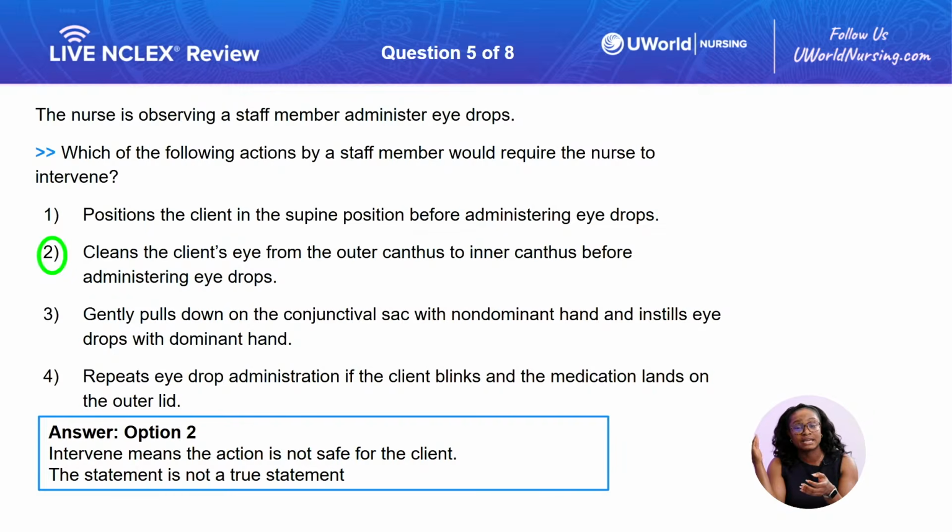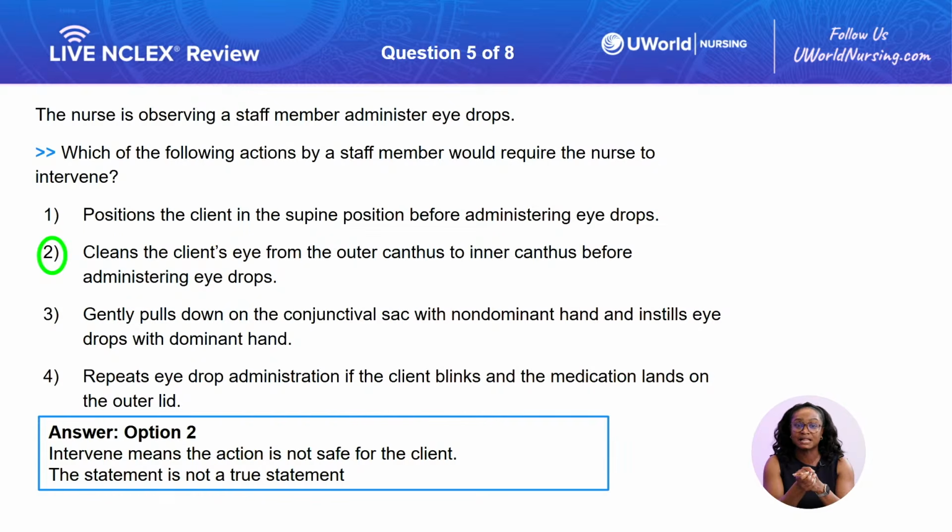That would be bringing more bacteria from the outside of their eye back into their eye, which is a no-no. We want to always clean from the inside out, to draw all the bacteria out. All the other options are correct interventions or actions when instilling those eye drops.